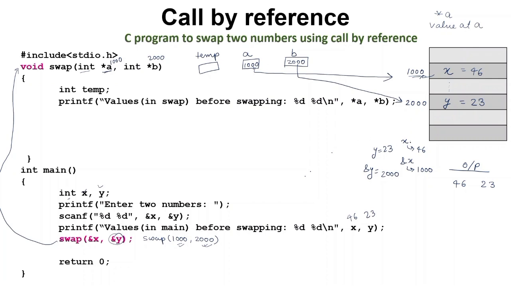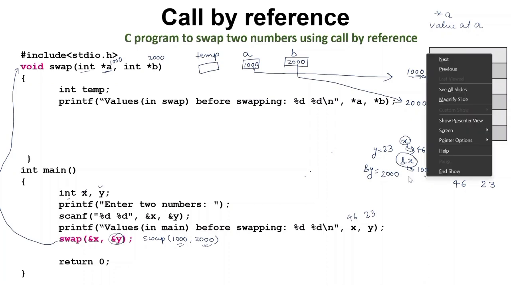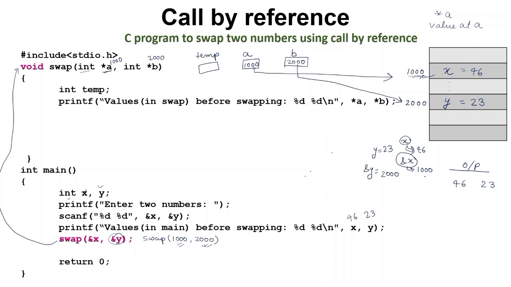See here, x means what? 46, right? When you say x. But when you say address of x, that means 1000. And just when you say x, it means the value stored in it. So in the swap function, when we say just a, what is the value stored in it? 1000. Alright.